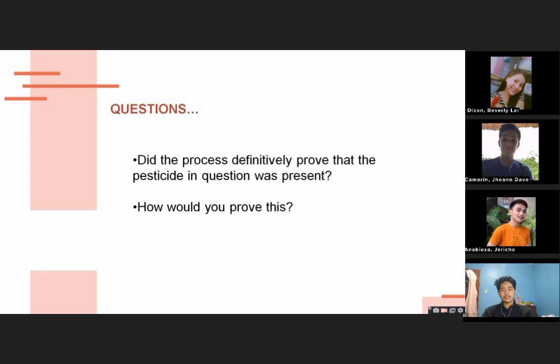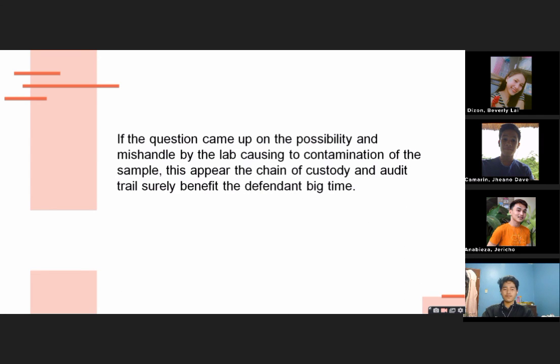Next, if the question comes up on the possibility of mishandling by the lab, causing contamination of the sample, the chain of custody and audit trails really benefit the defendant's data. If it appears that the sample exchanged hands, and the person who handled the sample for each part of the analysis shows an accurate timeline as to when contamination may have occurred.